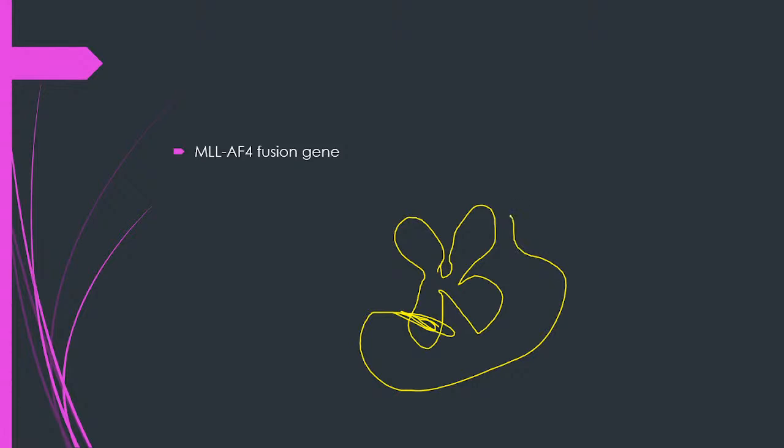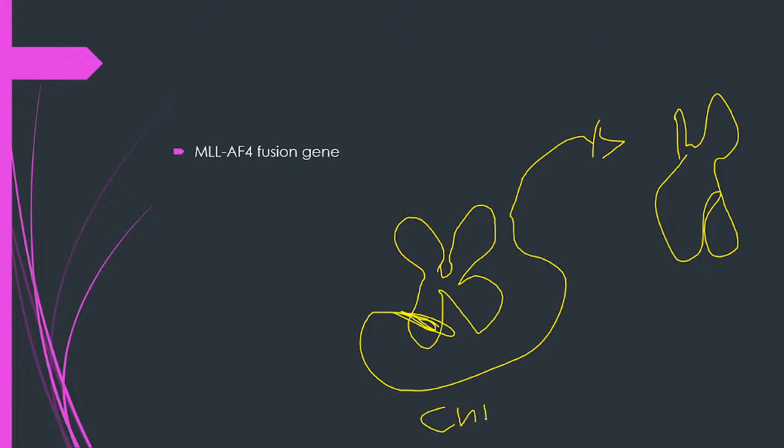Chromosome 4 will be translocated to chromosome 11, and it will form this fusion gene. All right.